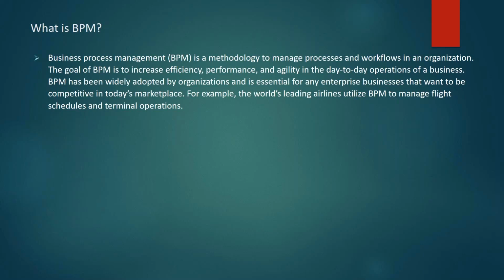So the goal of BPM is to increase the efficiency, performance, and agility in the day-to-day operations of a business, and it has been widely adopted by organizations, and is essential for any enterprise business that wants to be competitive in today's market. For example, the world's leading airlines utilize BPM to manage flight schedules and terminal operations, right?